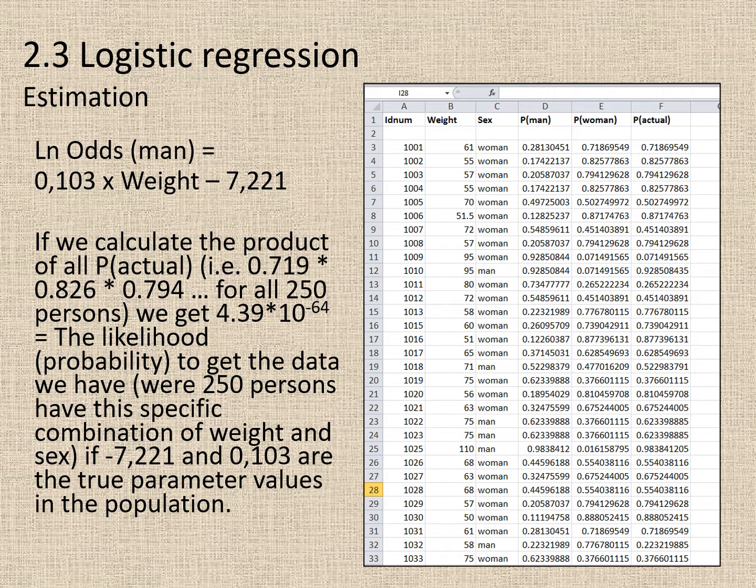How do we get the probability of getting our data if these are the true parameter values in the population? How do you get the probability of several independent outcomes? We have the probability for each case. So what do we do with these values? We multiply them with each other.